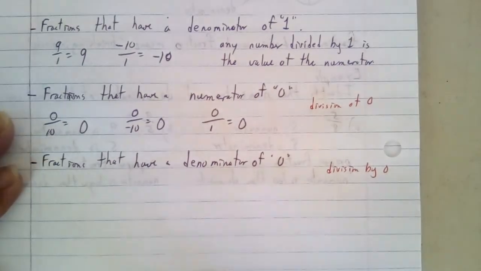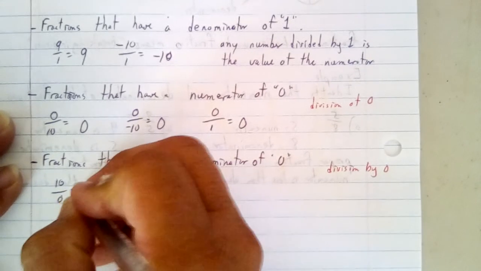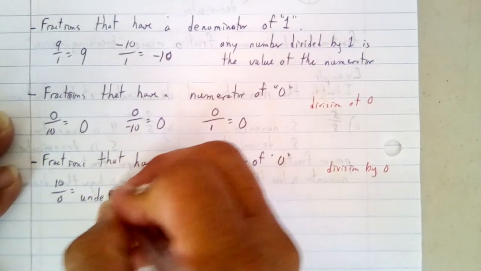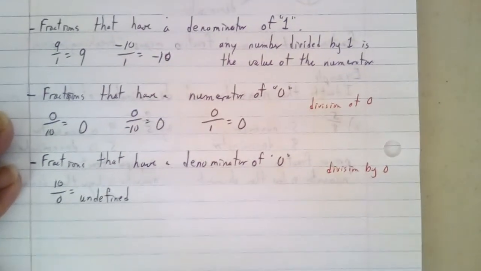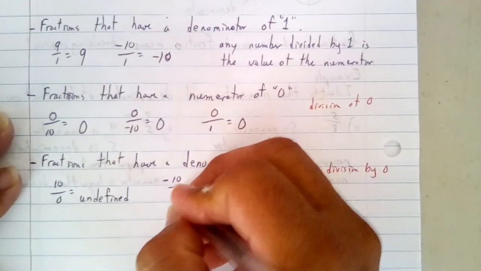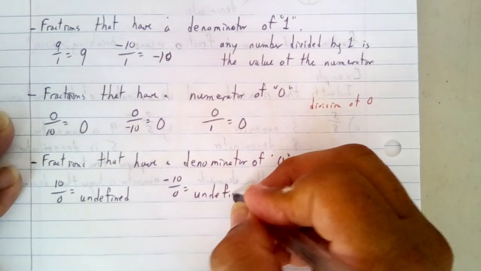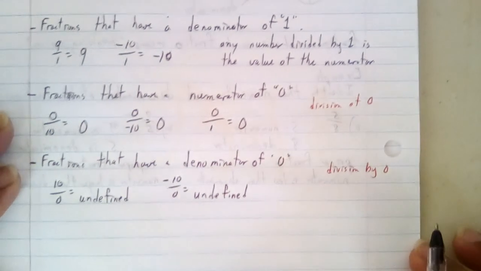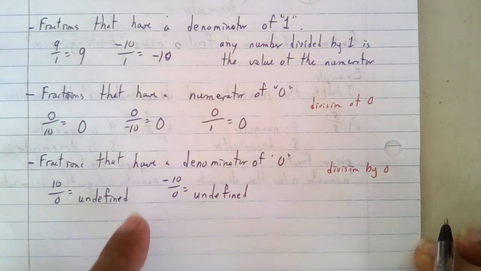What's the difference? Well, if we have 10 divided by 0, that is undefined. If you use that in your calculators, you will get undefined, error, or syntax error. If you have negative 10 divided by 0, you will also get undefined. In other words, any number divided by 0 is always undefined. You will not get a value. So that's the main point here.